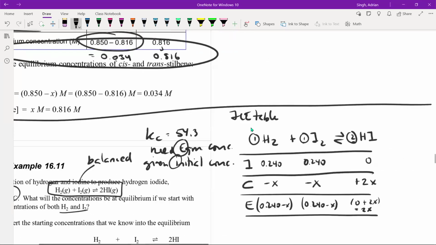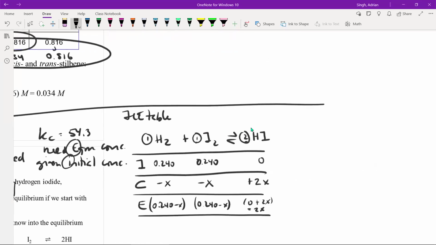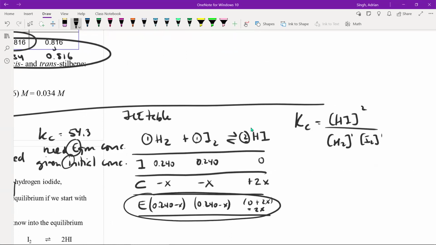Once we have that defined, we can write out the expression. So Kc would be HI concentration squared divided by H2 to the first power times I2 to the first power as well. We're going to substitute the equilibrium concentrations into this expression.